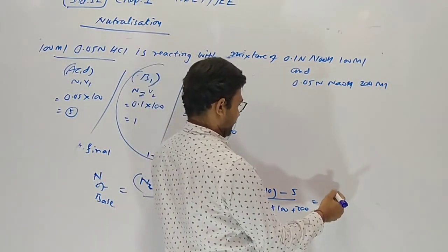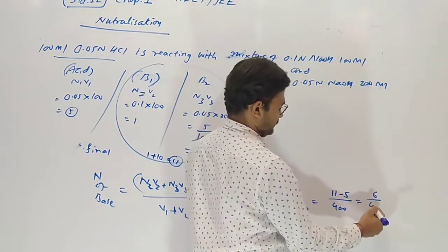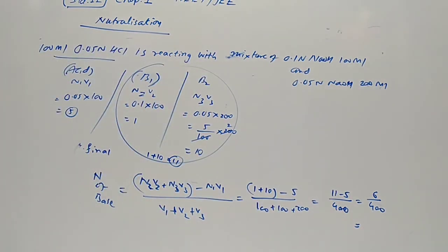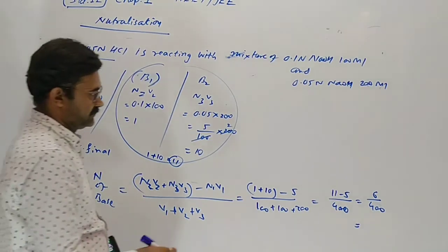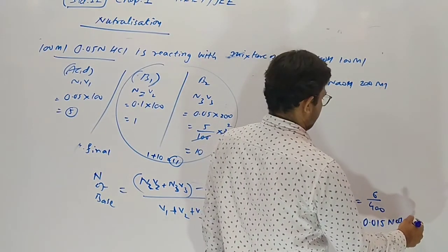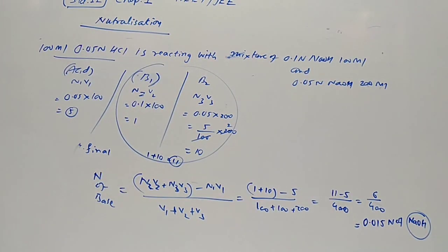So 15 upon 400, which is 0.0375 normality of NaOH. If molarity is asked, we can easily convert.